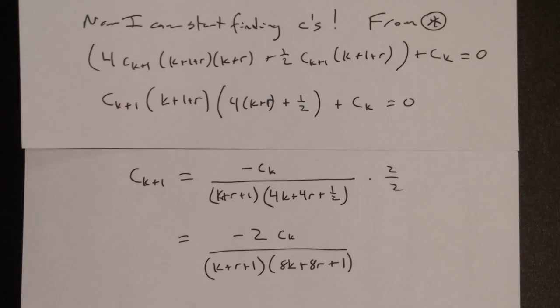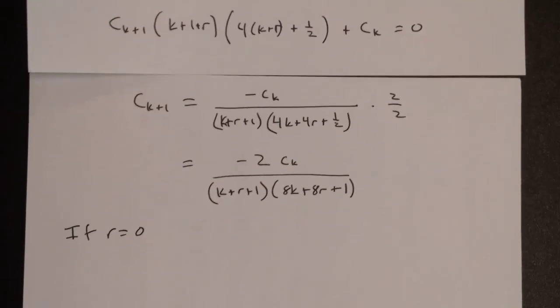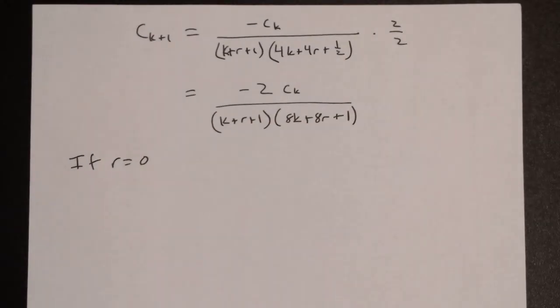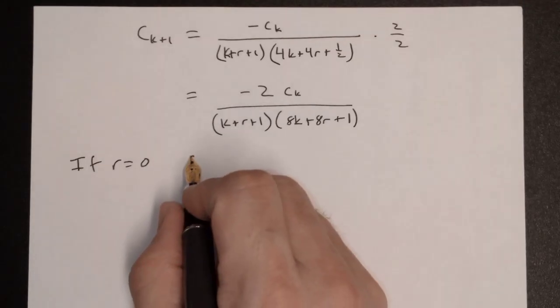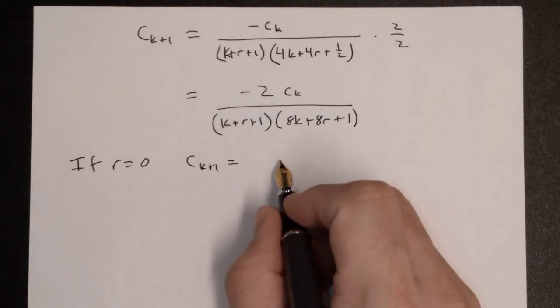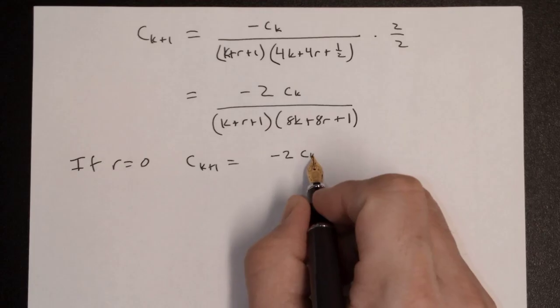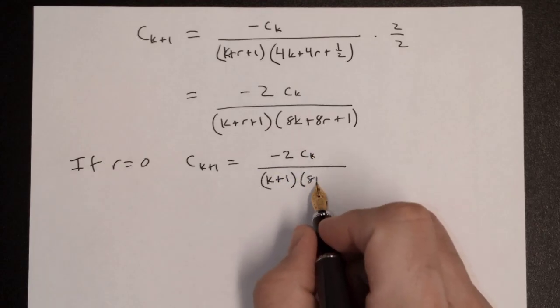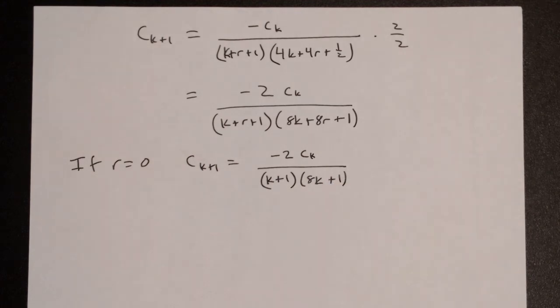The first one is what happens if I let r equal 0. If r equals 0, I can build the rest of this power series, can't I? R equals 0. That means that CK plus 1 is equal to negative 2CK over K plus 1, 8K plus 1.